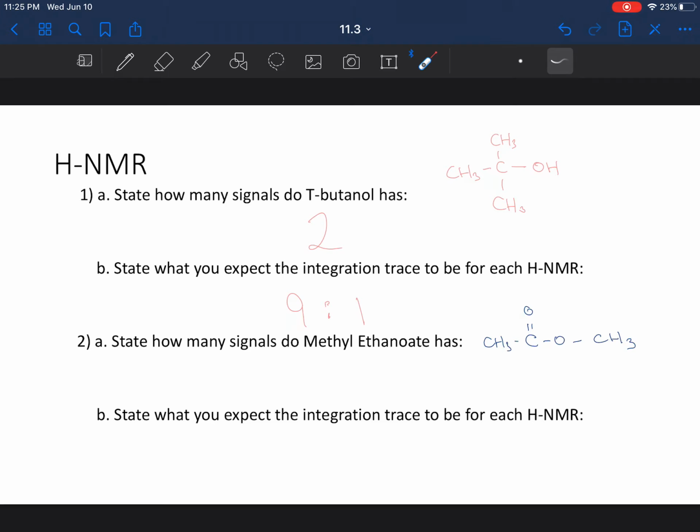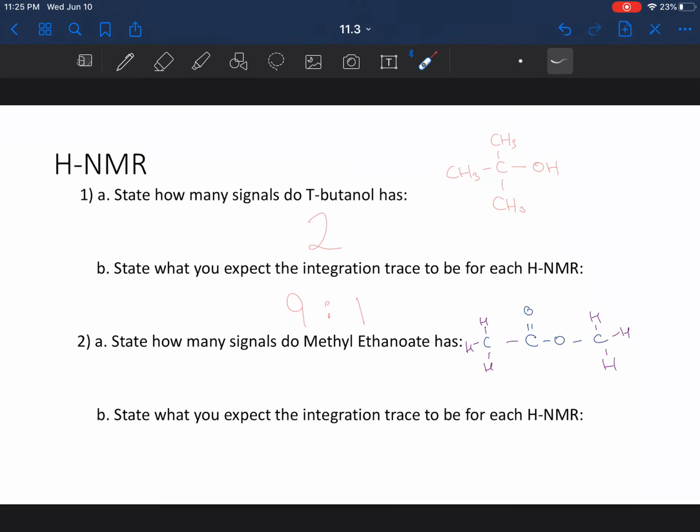Because if you look at this, let me just draw these structurally, even though you guys know I don't like structural formulas because it's a lot of work. This is what it looks like structurally.